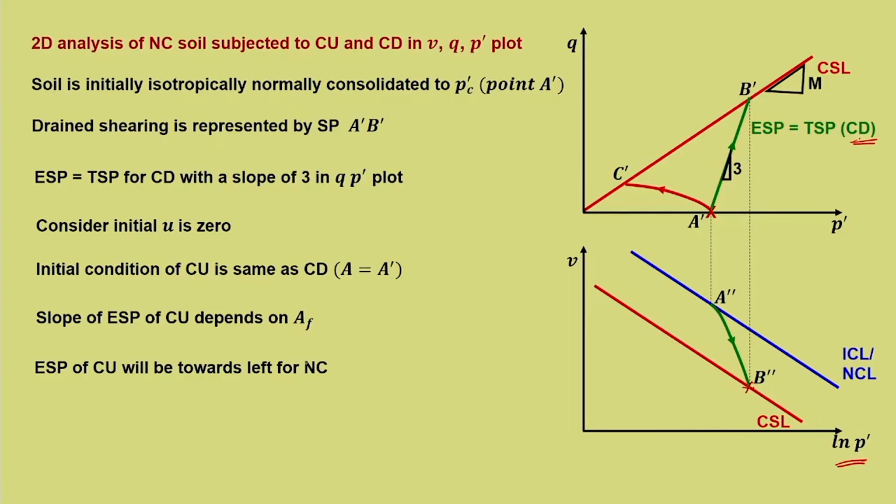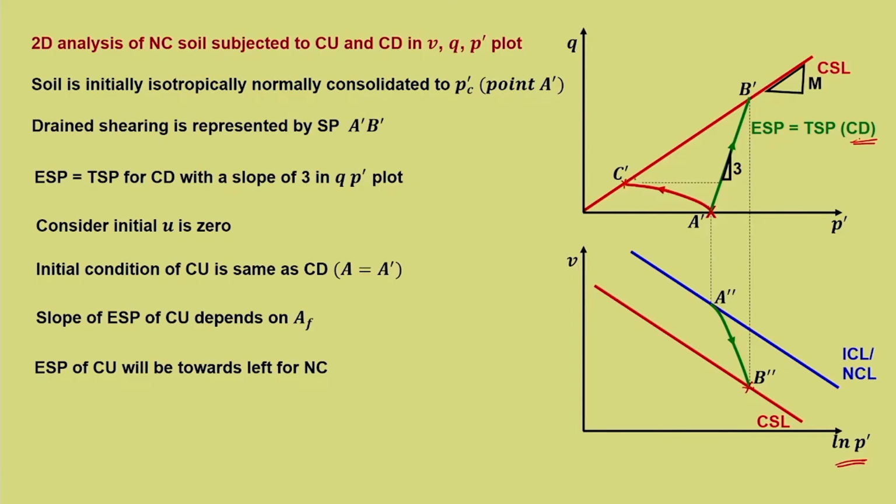Now, we know since this is an undrained test, there will be no change in V. So, we have to first draw the curve here where this will be horizontal. So, this point and this point have to match, and that is why it is moving in this direction. So, A dash C dash is the effective stress path for undrained shearing, and this is the point where it touches.